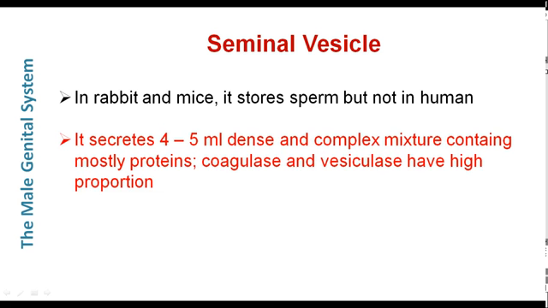It forms 4 to 5 ml of dense complex secretion containing a large number of proteins of low and high molecular weights. Two important proteins are coagulase and vesiculase. When the semen is discharged out, because of coagulase, it becomes coagulated, and within 5 to 10 minutes it again liquefies.